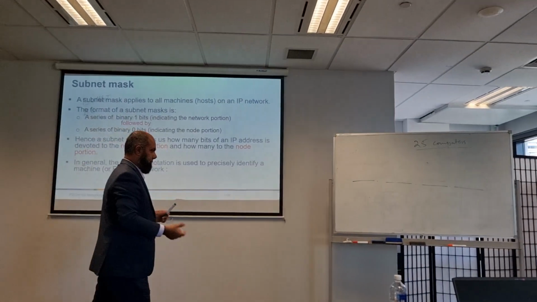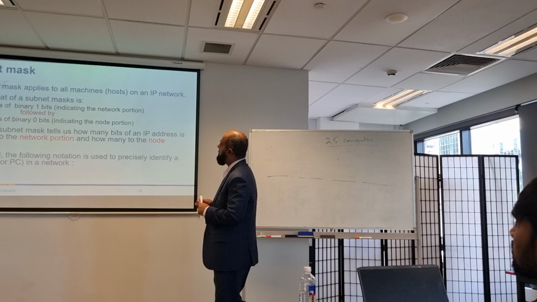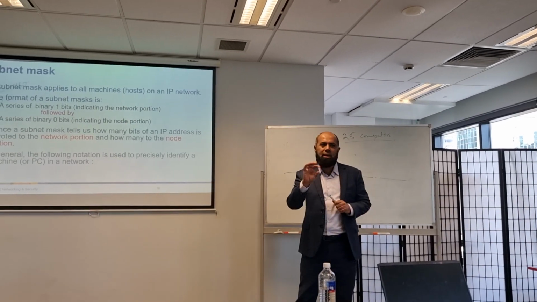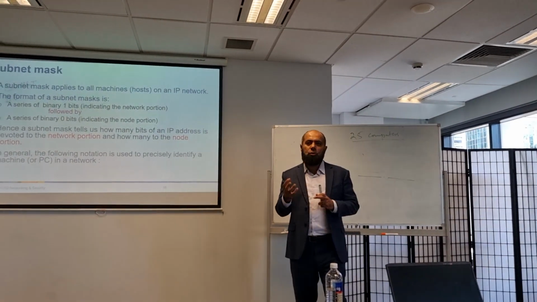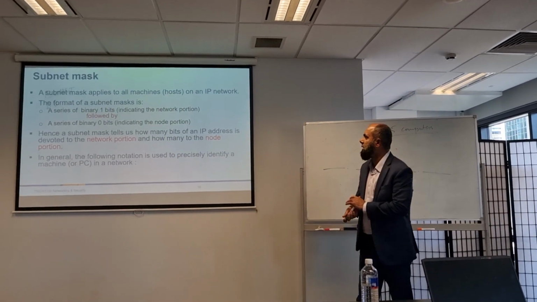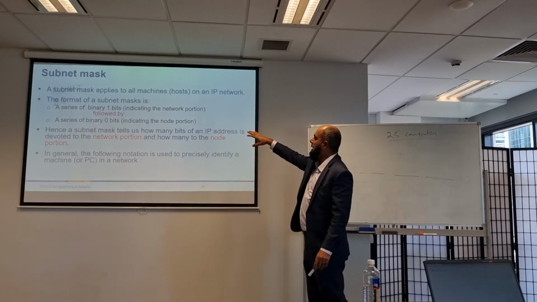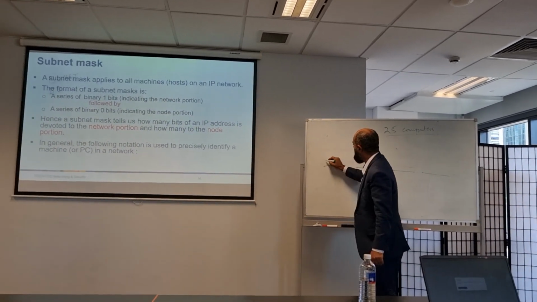Okay, as I mentioned with the subnet mask, now I raise a question in your mind. I know that a lot of you are still thinking, what do you mean by that? I'm coming to that. In the network portion, we have bits of ones, 1, 1, 1.